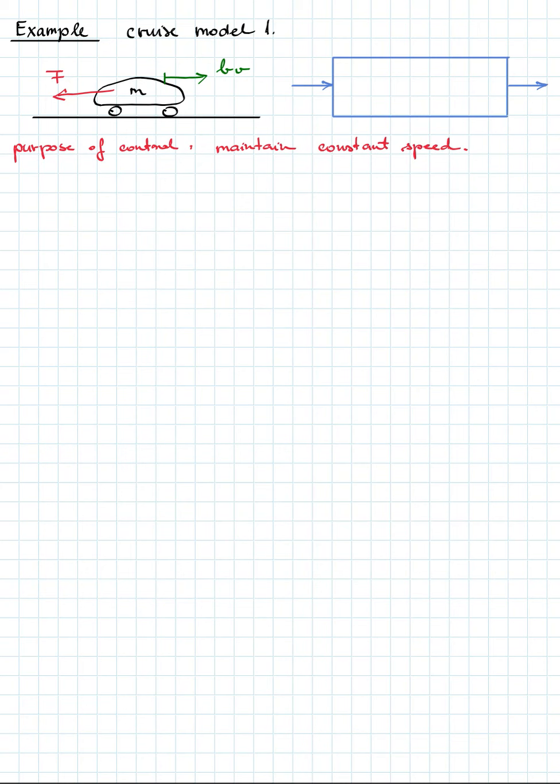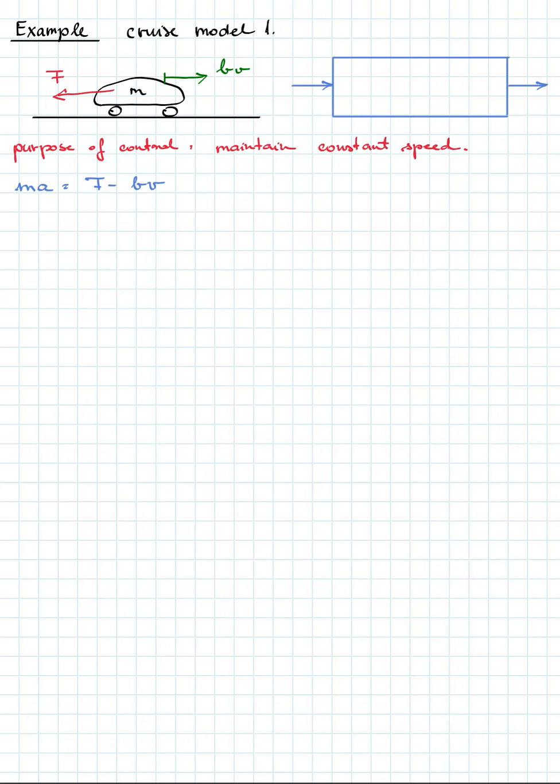Everybody knows that the Newton equation looks like as follows. ma is equal to F minus bv. So ma is the force acting on the car. It is F minus bv.